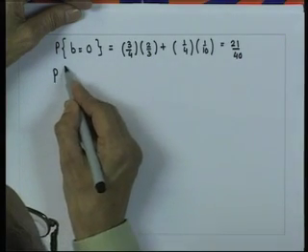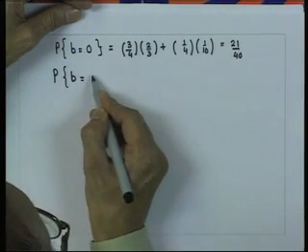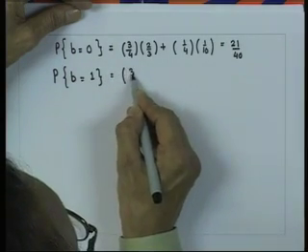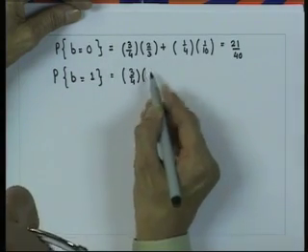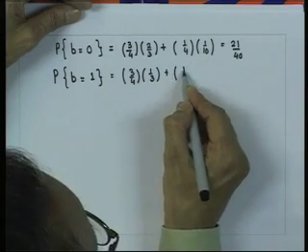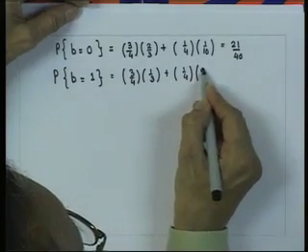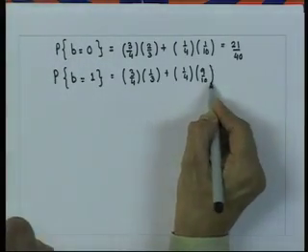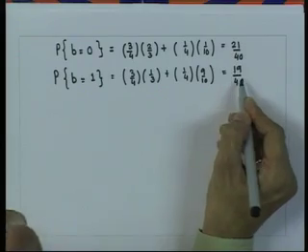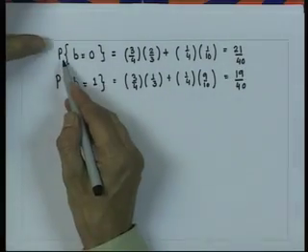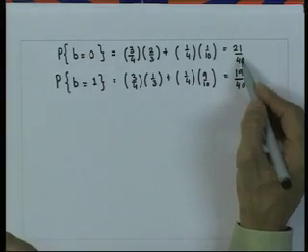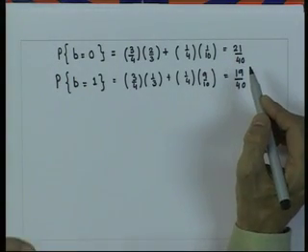So, similarly probability B equal to 1 is equal to 3/4 by 1/3 plus 1/4 multiplied by 9 by 10, and this is equal to 19 by 40. So, as a check, probability of B equal to 0 plus probability of B equal to 1 should sum up to equal to 1.